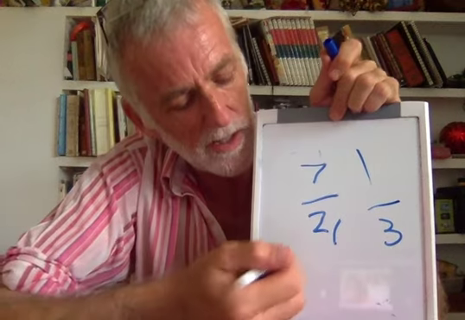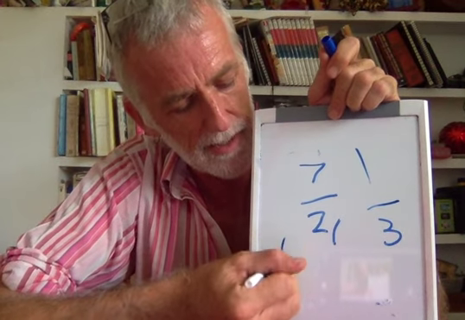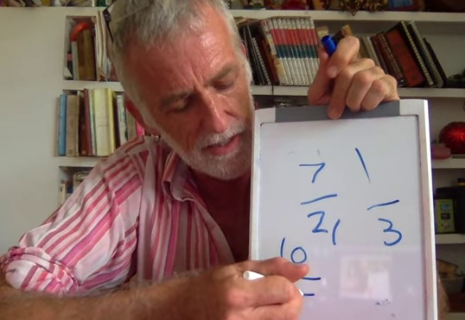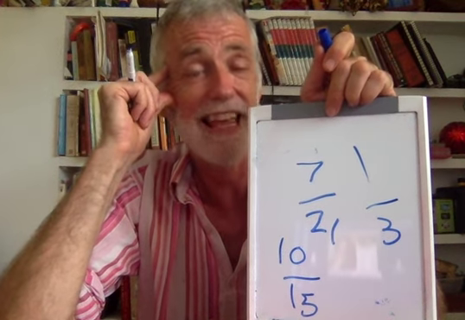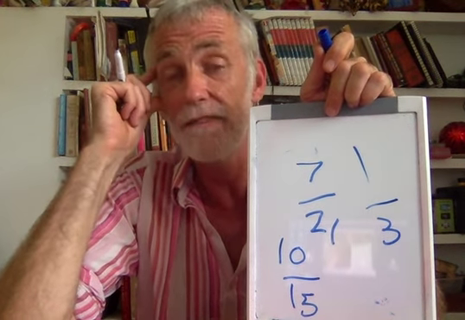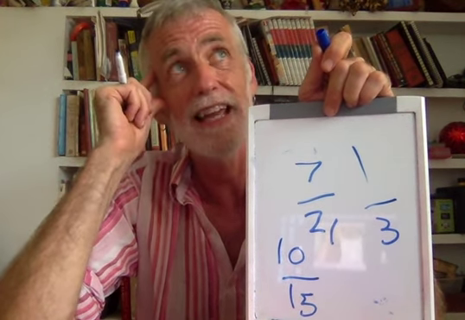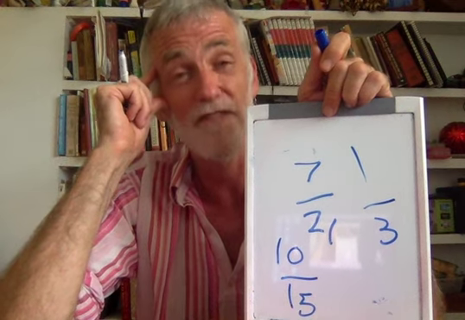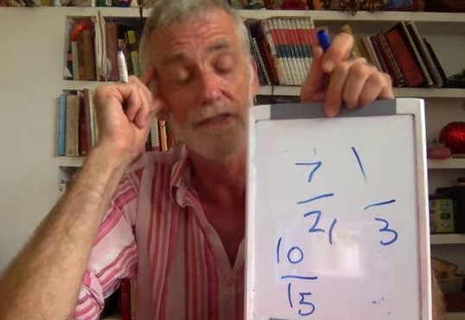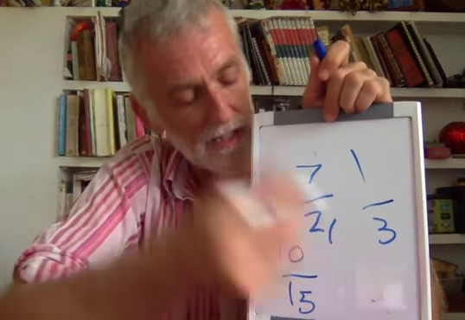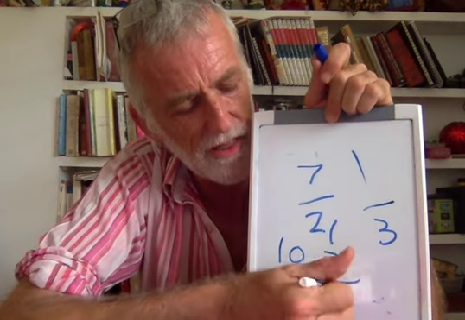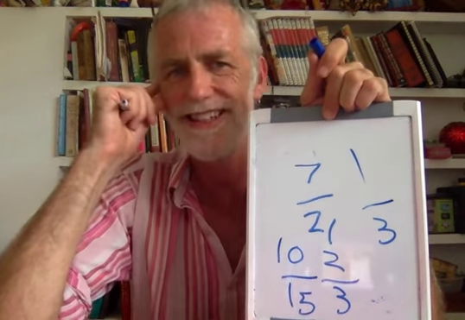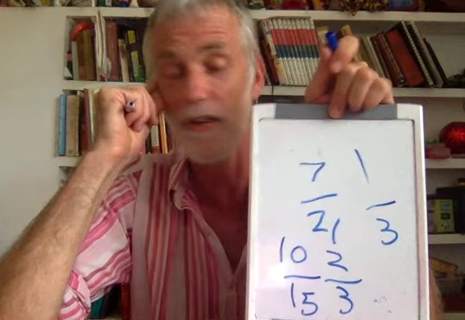What the heck? 10/15. I can divide both 10 and 15 by 5 because I know that any number that ends in 0 or 5 can be divided by 5. 10 divided by 5 is 2. 15 divided by 5 is 3. 2/3. Same thing.